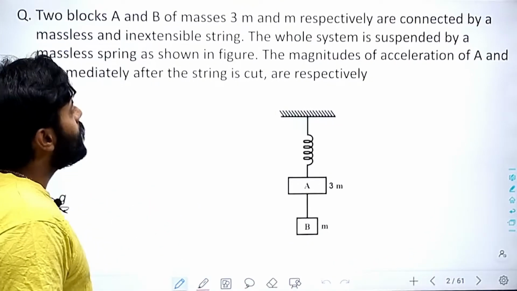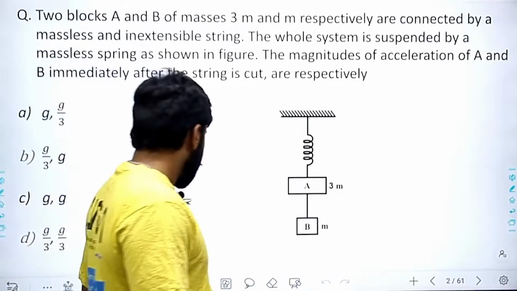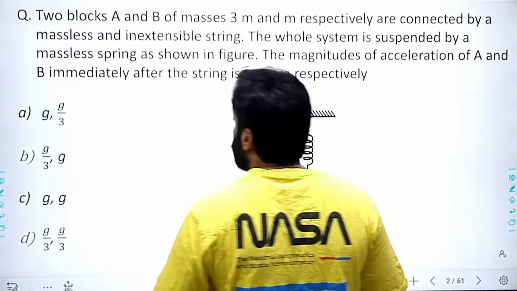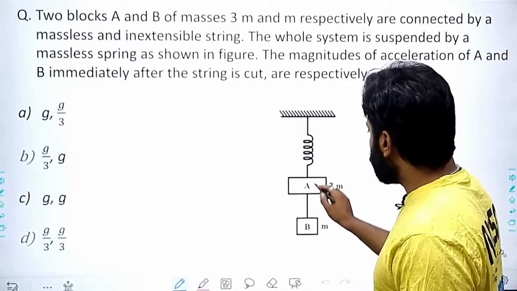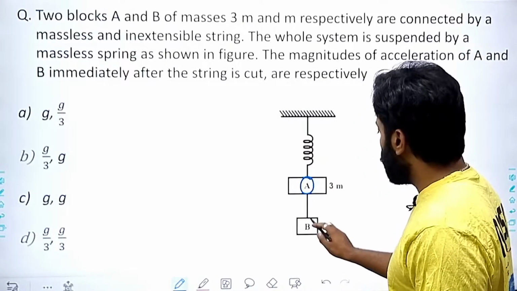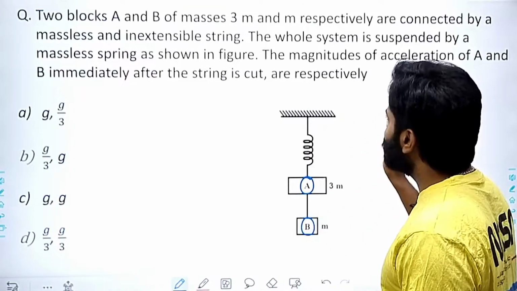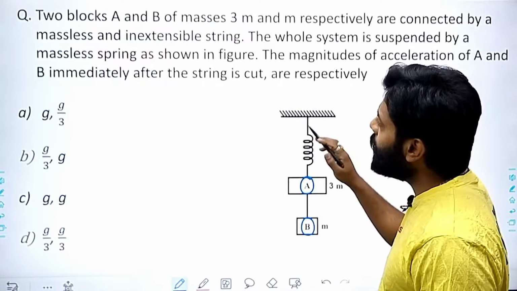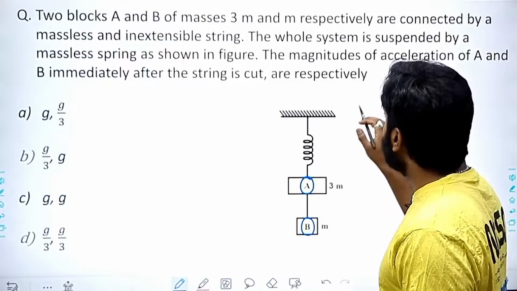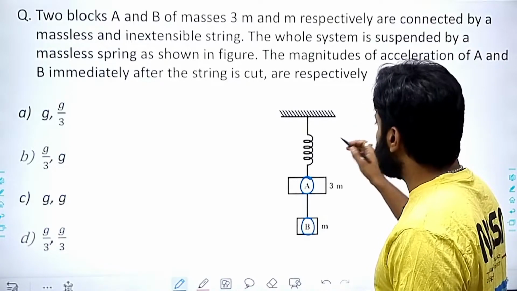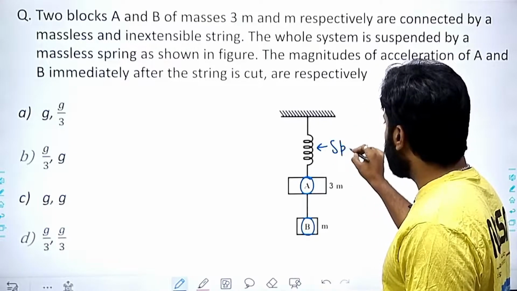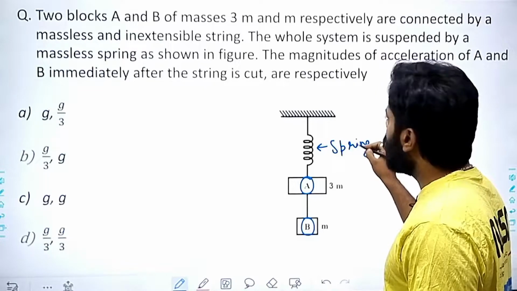The question says that a block A, so this is block A, and block B, these are masses, connected with a massless and inextensible string. The whole system is suspended by a massless spring. So this is the spring, which does not have any mass.